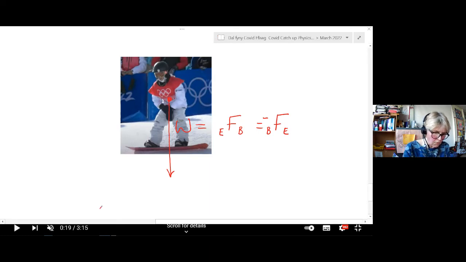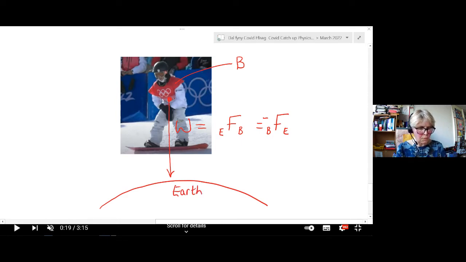So what you've got to do is identify your two bodies. This is the body here, his body, and this is the Earth here. So those are the two bodies with which the force is acting from and to. So the weight is from the center of mass of the body, or the center of gravity, down towards the Earth.